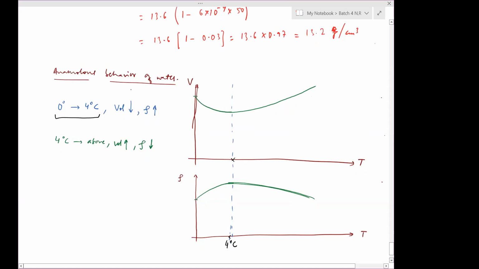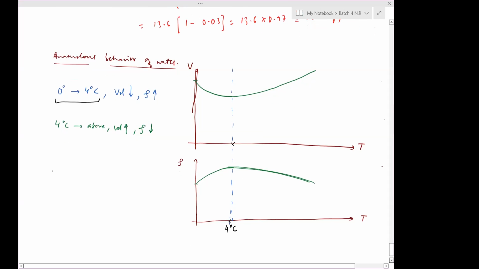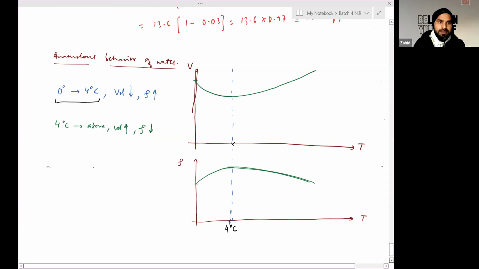Now, related to this part, suppose the temperature of the surrounding is less than or at 0 degrees Celsius. So formation of ice will start from the surface.